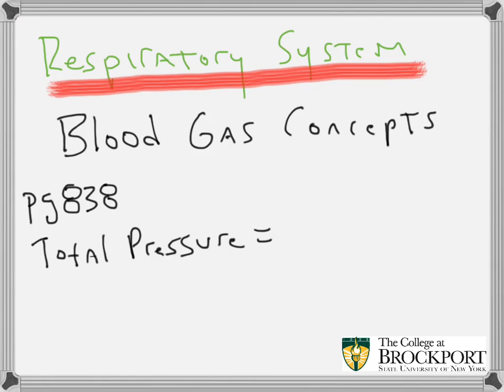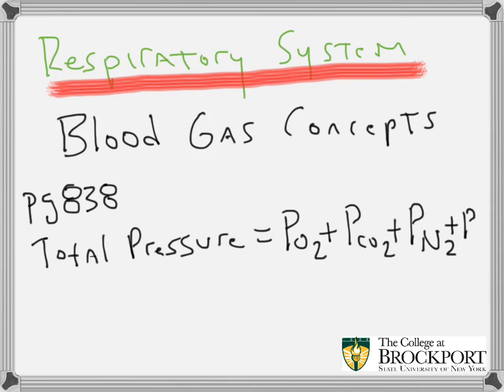And in particular, what we're talking about is the pressure of oxygen and the pressure of carbon dioxide and the pressure of nitrogen, and we have just a little bit of pressure of water. So I'm trying to write H2O very small right there.